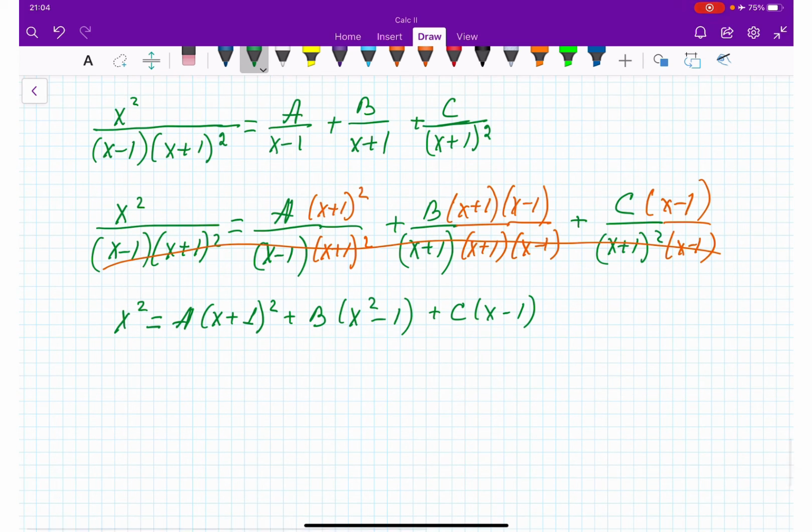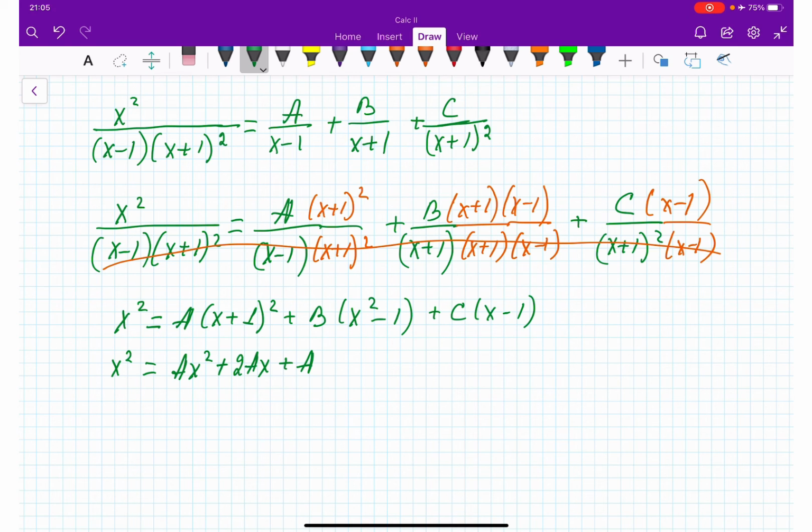So we get x squared is equal to a times (x plus 1) squared. I have to open the perfect square and then multiply by a, so I'm going to do it all at once. It's going to be ax squared, plus 2ax, plus 1 squared is 1, so plus a.